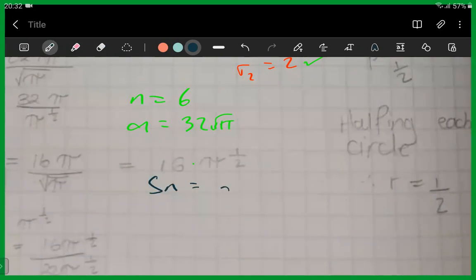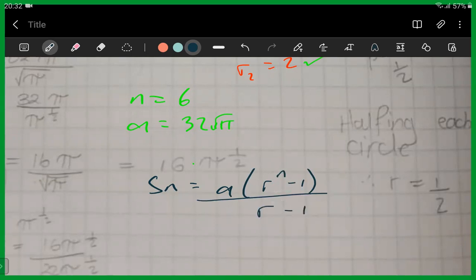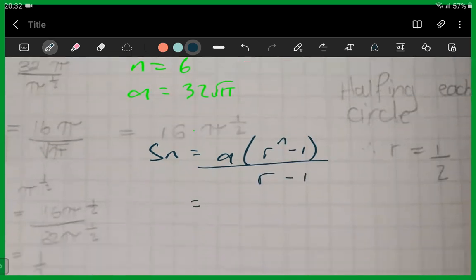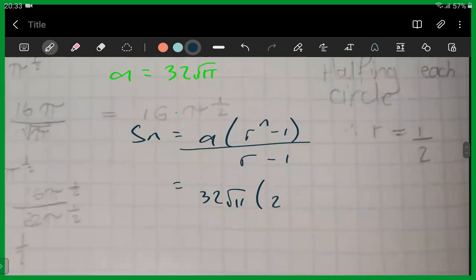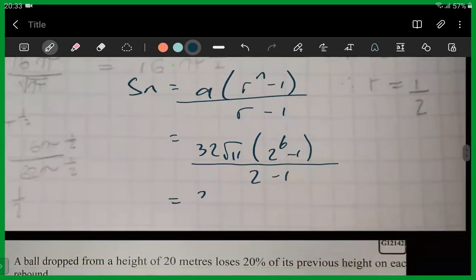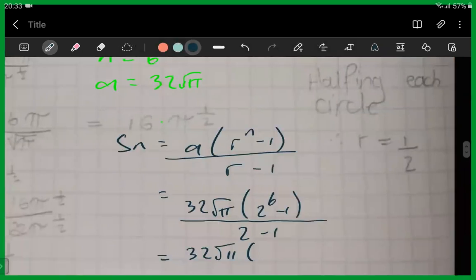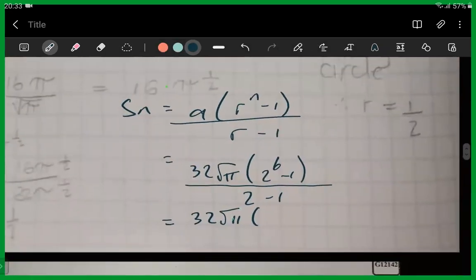Sn is equal to A times R to the power of n minus 1, over R minus 1. So here it's going to be 32 square root of pi. R here is going to be 2. N is going to be 6. So here 32 square root of pi.